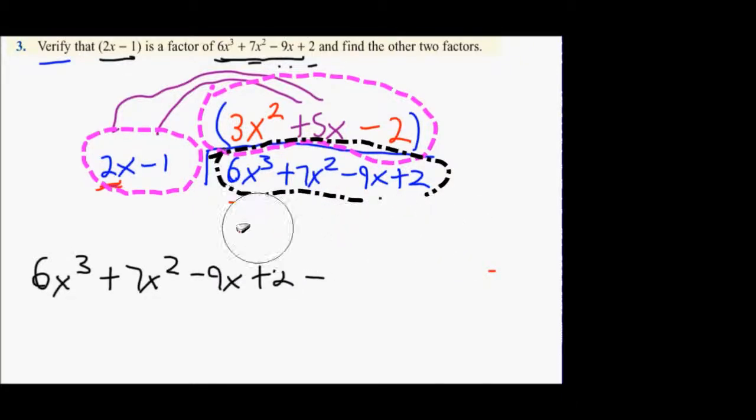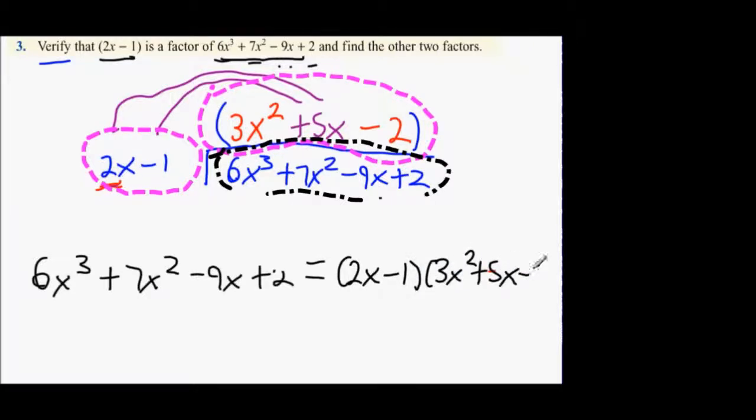It equals 2x minus 1 multiplied by 3x squared plus 5x minus 2. Does everybody understand that? It's the same thing as long division. Remember what I said earlier? If you have 3 into 12 and it goes 4 times, this one multiplied by this one equals the one in the middle. It's the same theory. Now, it wants the other two factors.